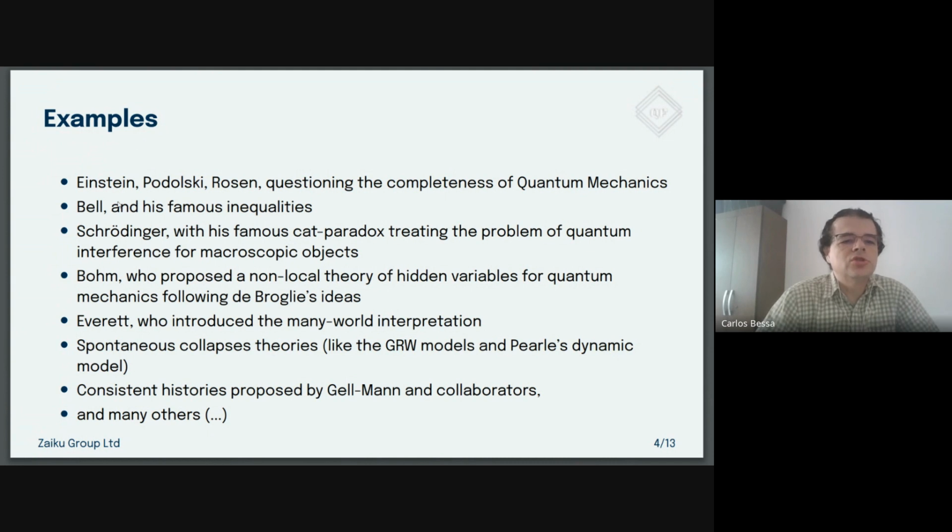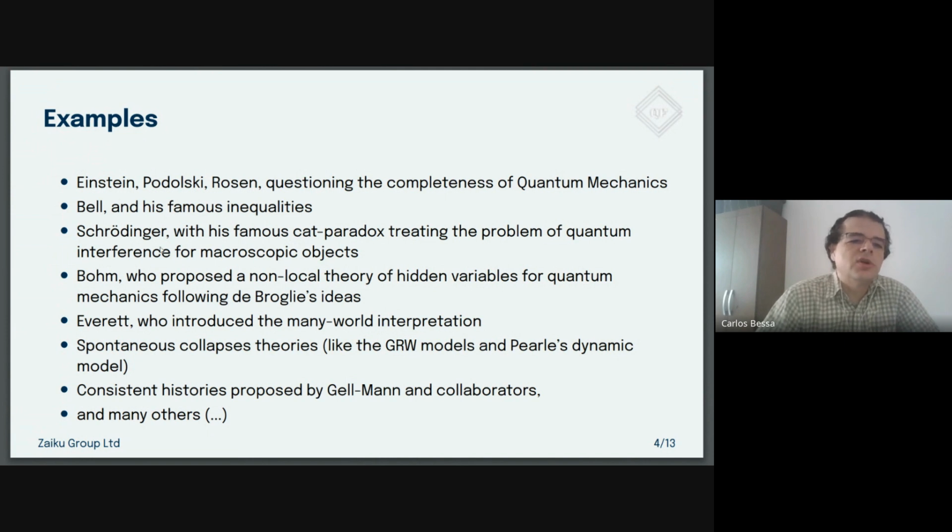But this is just to give an idea of the things that I have. Talk about the famous EPR paradox, Einstein-Podolsky-Rosen, that questions the completeness of quantum mechanics. And then the Bell inequalities, proposed by John Bell in the 60s. This is from the 30s.